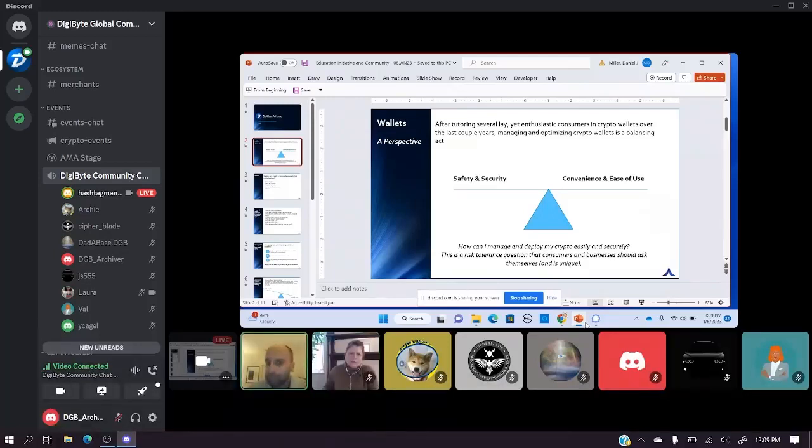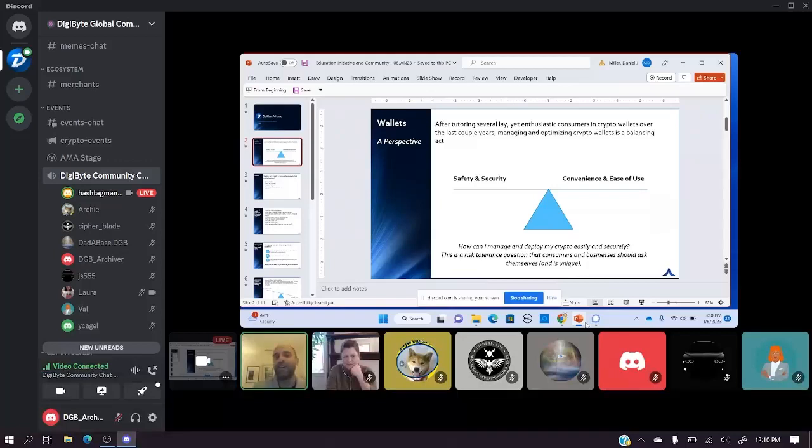A lot of it comes down to, and this is taking a step back, managing and optimizing your crypto wallets from a consumer's perspective is a balancing act. I can't give you financial advice, right? I can help enable you and give you education and knowledge so that you can do this and help guide your path, almost like an independent consultant.